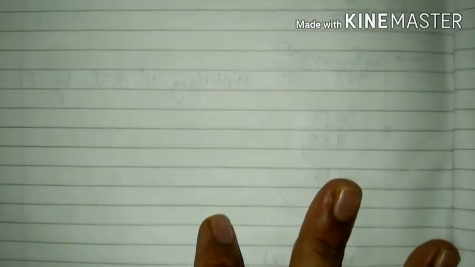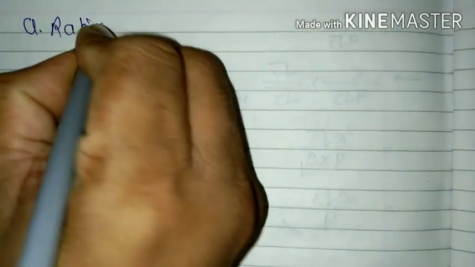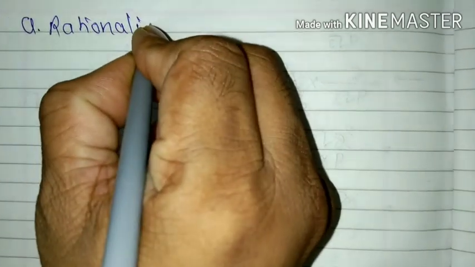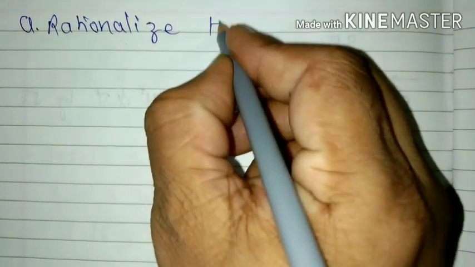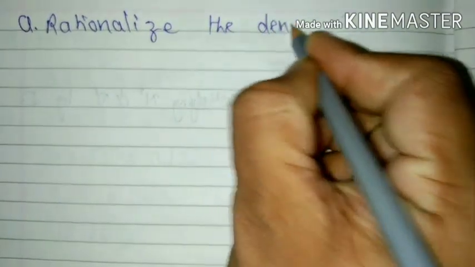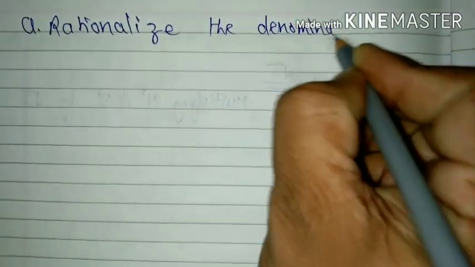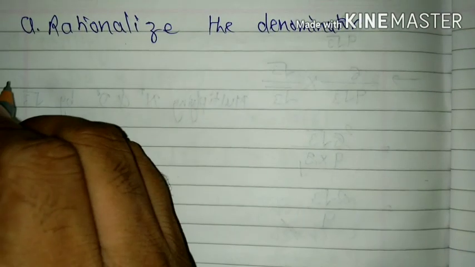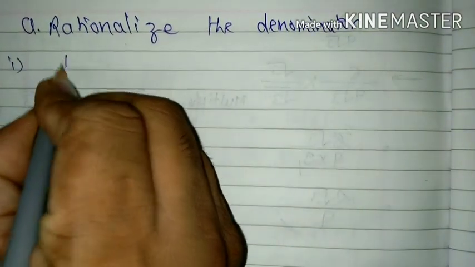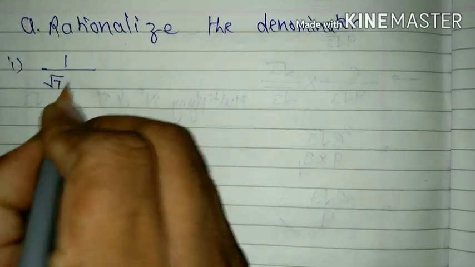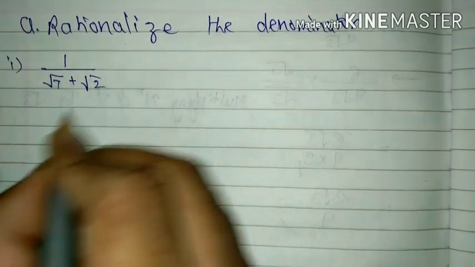Let us see the next question. Rationalize the denominator. The first one is 1 upon root 7 plus root 2.